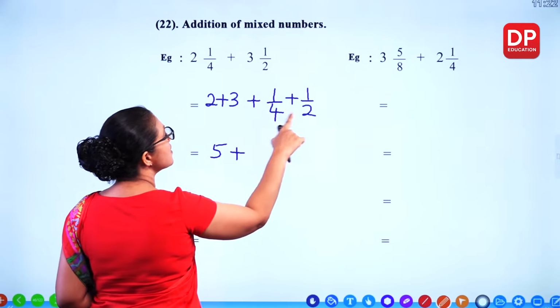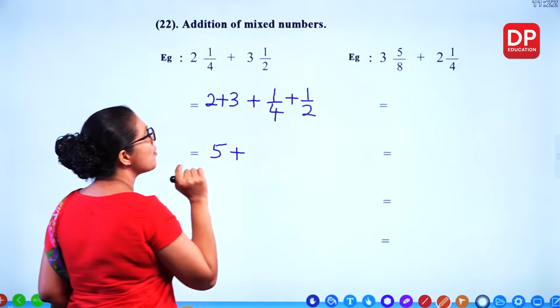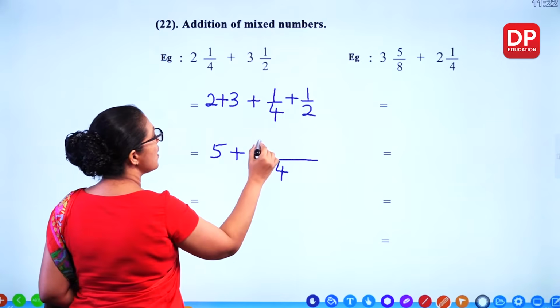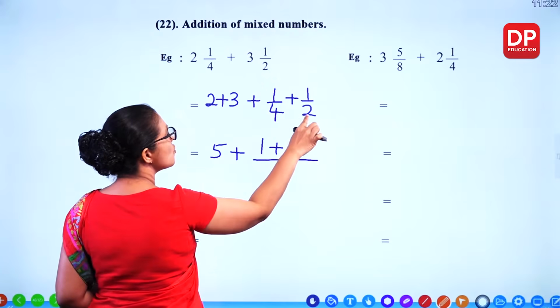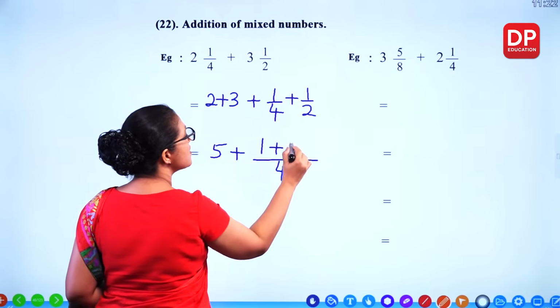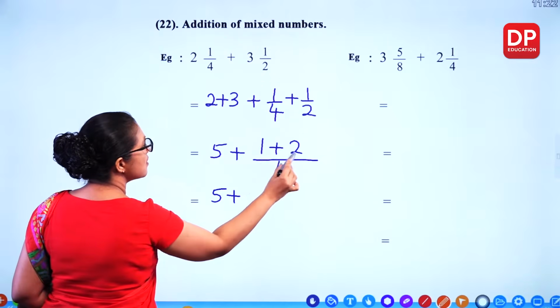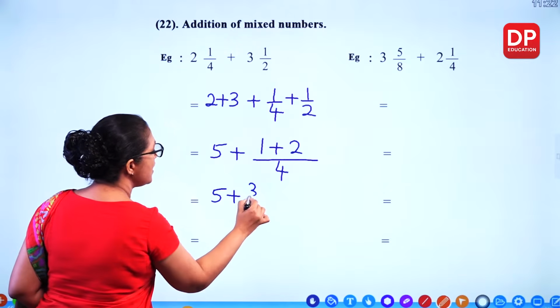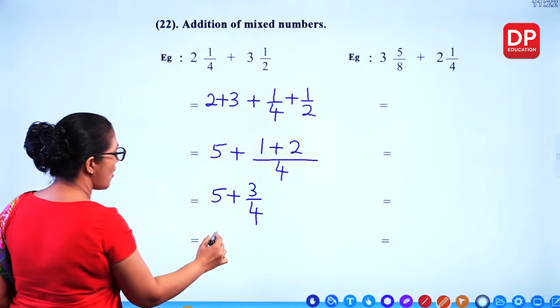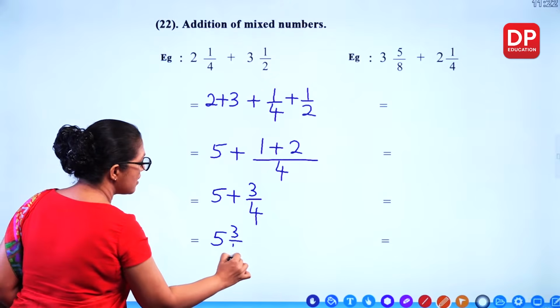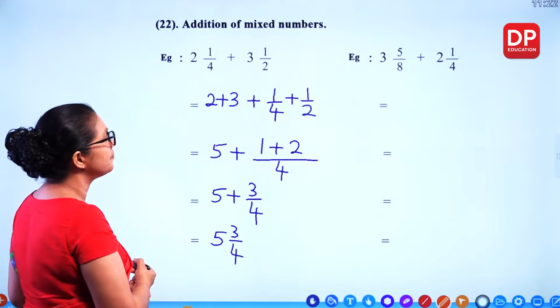Now convert these two to the same common one. 4 and 2, I can convert to 4. That means 1 plus 2 times 2, 4. That means this is 2. So what's the answer? 5 plus 2 plus 1 is 3, 3/4. So I can write as a mixed number 5 and 3/4.